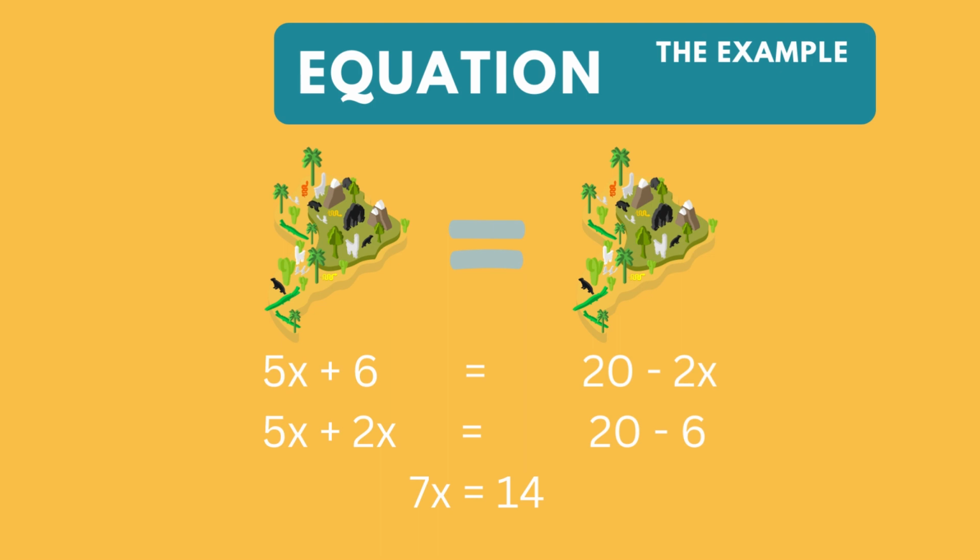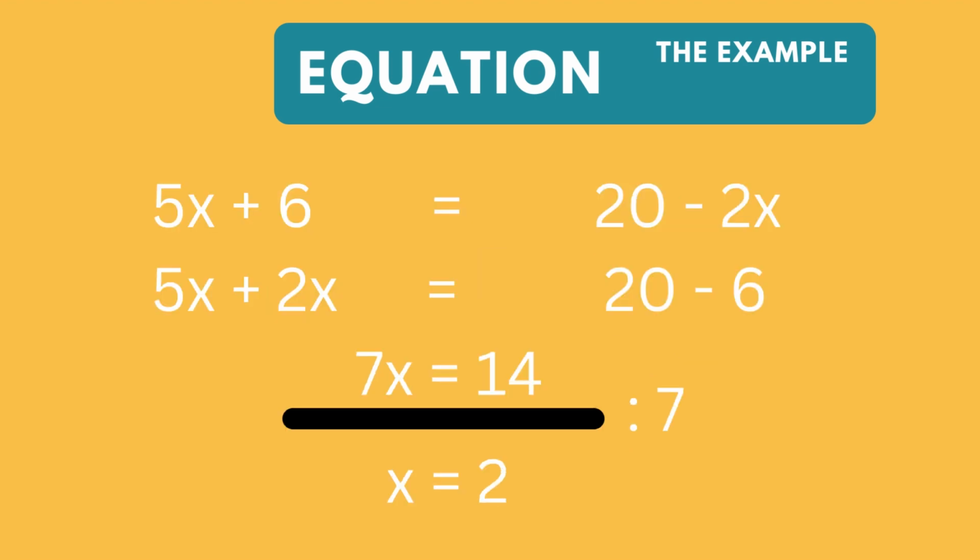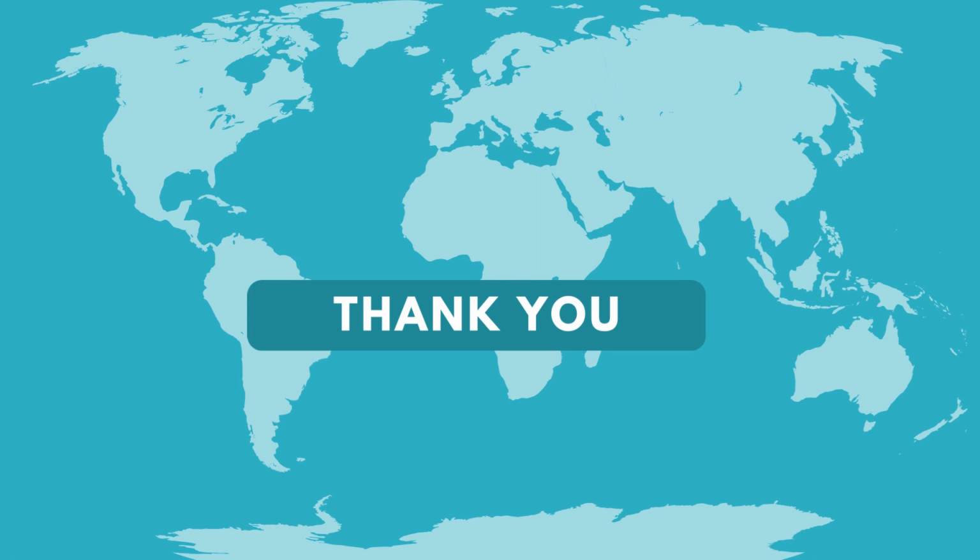You need to divide by the coefficient of x. What is the number in front of the x? The 7. So both sides should be divided by 7. So 7x divided by 7 becomes x, and 14 divided by 7 becomes 2. I hope that you do understand this, and thank you.